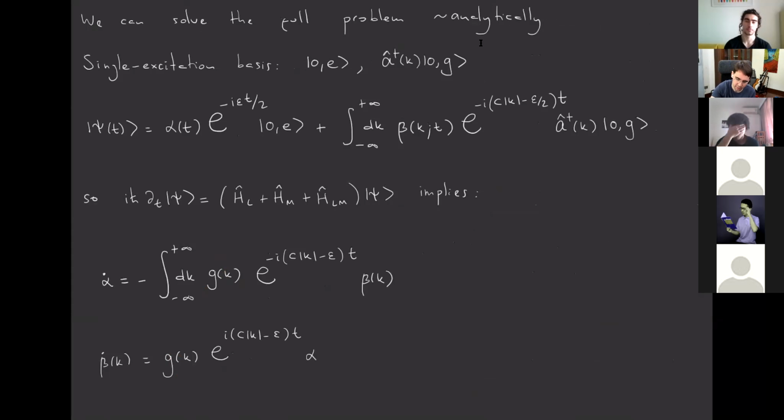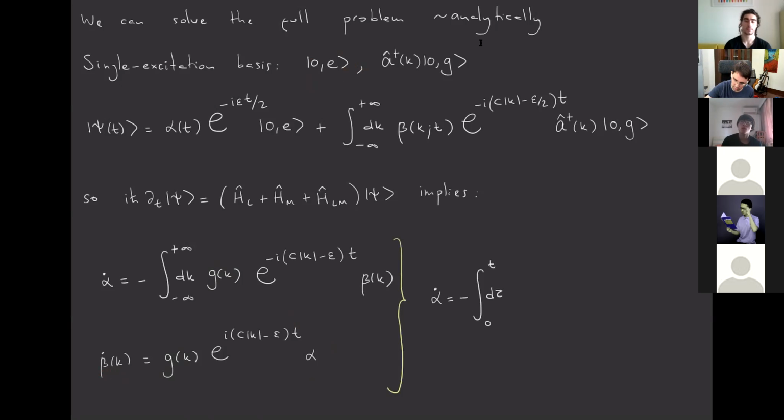Interestingly, we can, for example, solve this equation formally. We can just integrate this equation formally and use the initial condition of beta, which is that beta at time 0 is 0, because we start from the atom in the excited state. And then we end up with an equation only for alpha that looks like this.